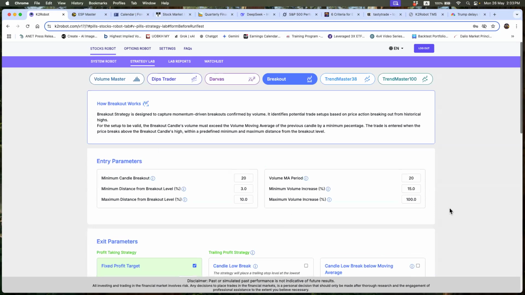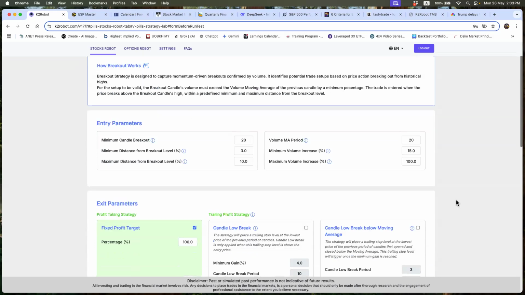We chose dynamic strong stocks, and now we shall talk about when to buy. So when to buy will be the entry parameters. This is where we are going to tweak according to what I have done over the weekend, the best set of parameters. So minimum candle breakout, instead of 20, for this list of stocks, the dynamic strong stocks, like 15. 15 will do well.